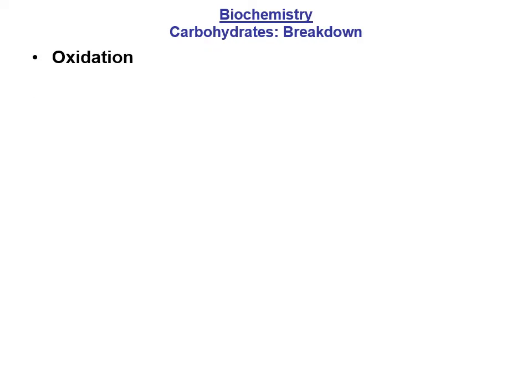One of those is oxidation. This is how we break down monosaccharides in our bodies. Oxygen is used to break down glycogen, and that will then turn into glucose.